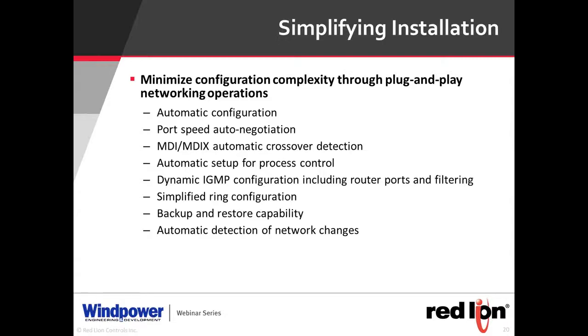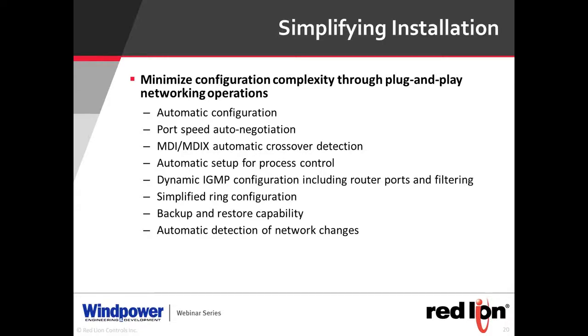So some of the things to look for, and again, all products are not created equally here, minimizing configuration through plug-and-play capability. Do your network devices have automatic configuration? Can they automatically negotiate port speed and detect cable crossover in the case of using copper Cat5 cable?